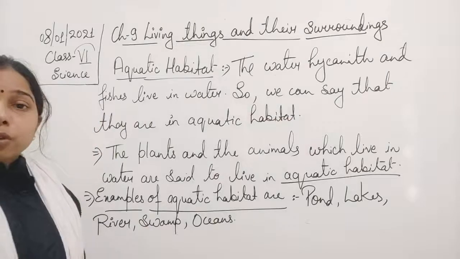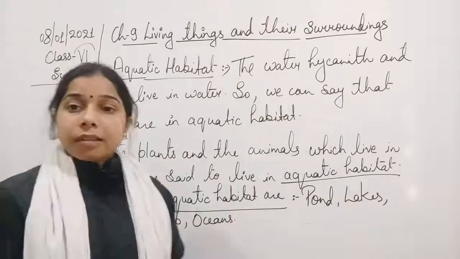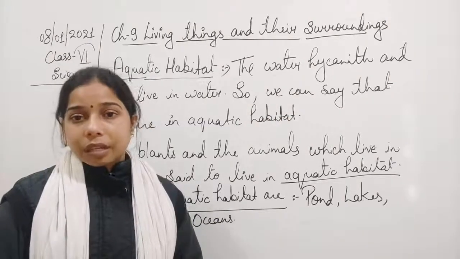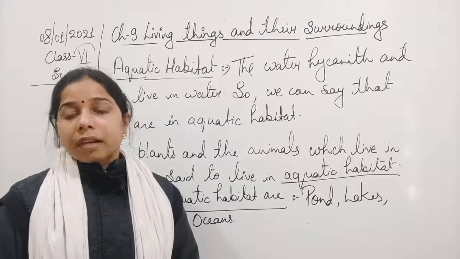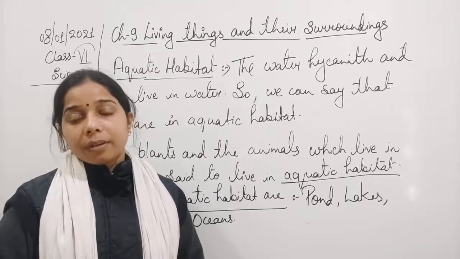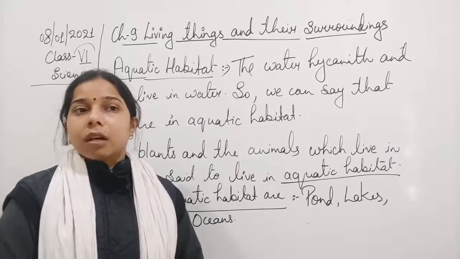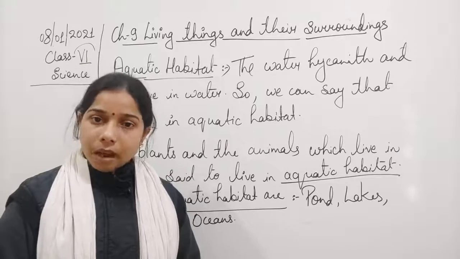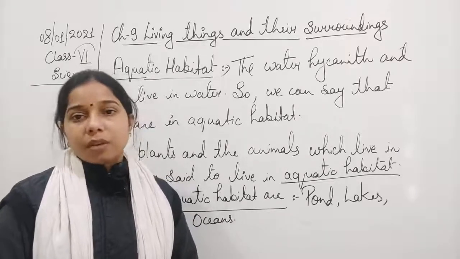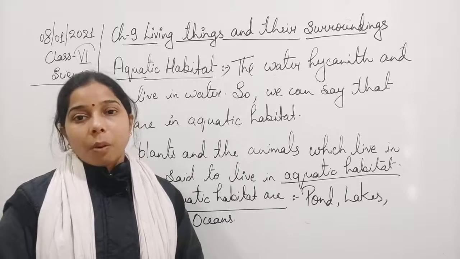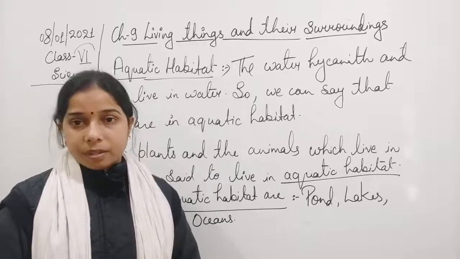So you see here, students, we have taken examples of the terrestrial habitat and aquatic habitat, and we have understood that the plants and animals living on the land come in a terrestrial habitat, and the plants and animals living in the water come in the aquatic habitat.